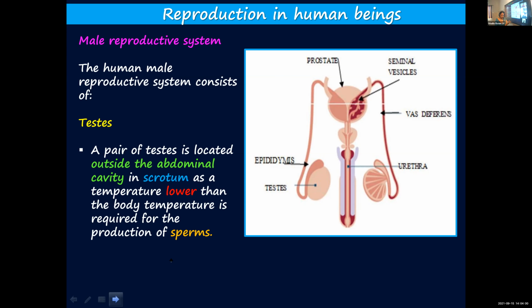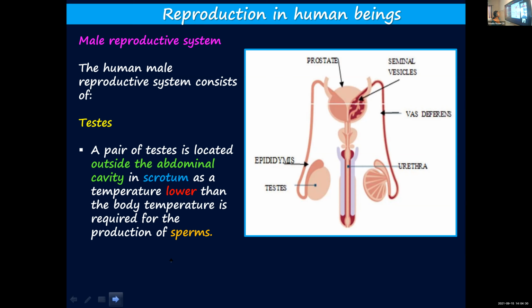To maintain the temperature of the testis below the body temperature, it is placed outside the abdominal cavity in specialized sacs known as scrotum or scrotal sac. This lower temperature is needed for the maturation or the formation of sperms.